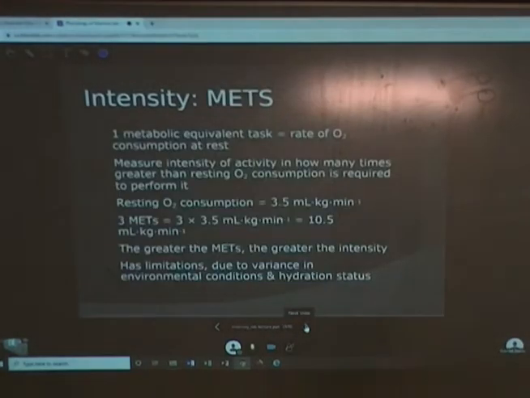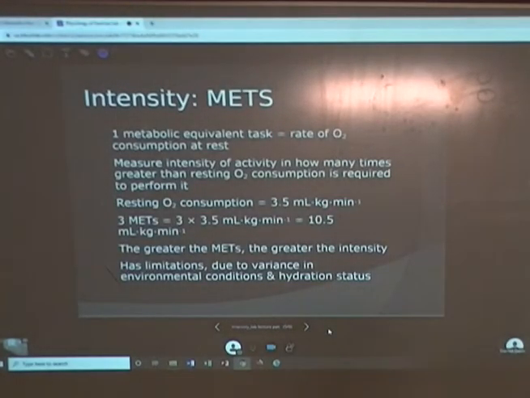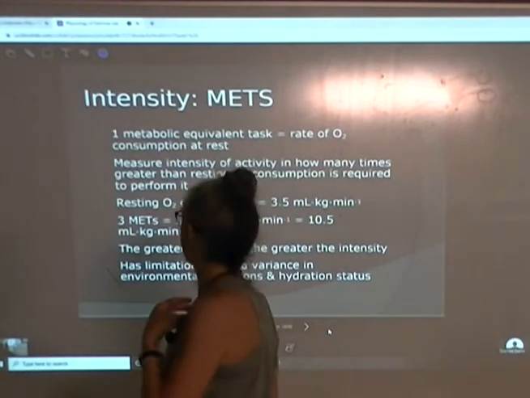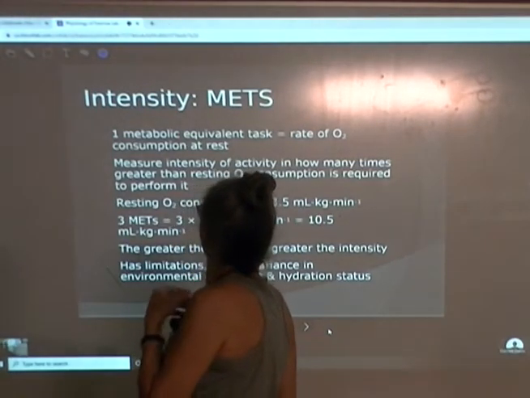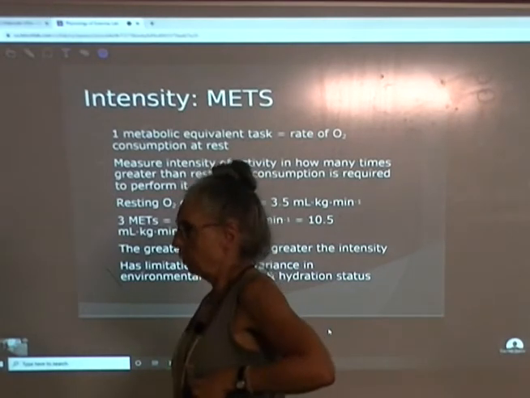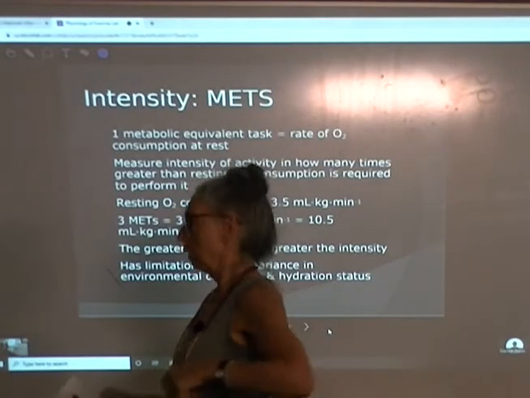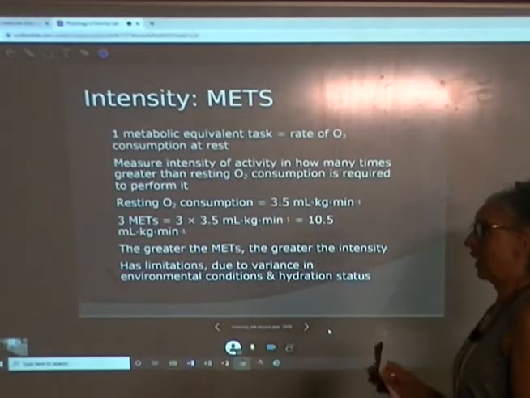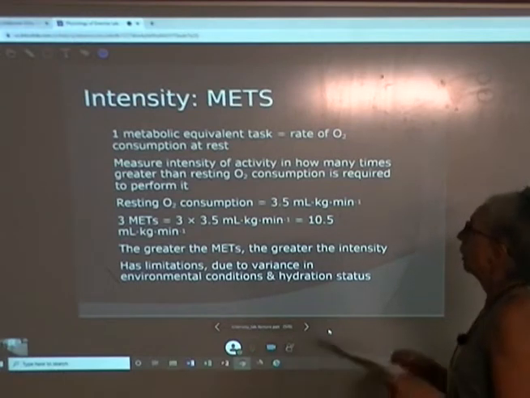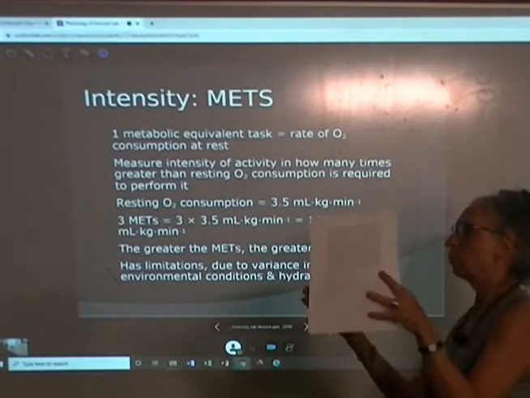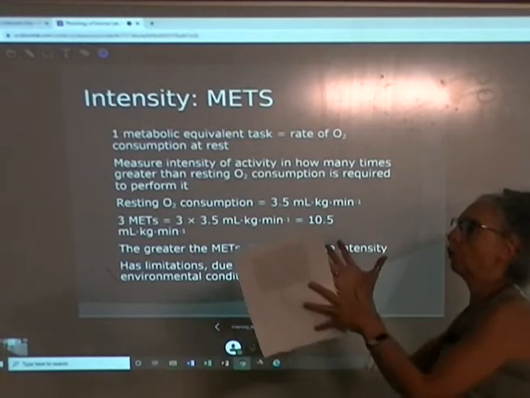The next one you will come across is metabolic equivalent of the task, shortened to METs. Okay? Now, technically, if you had the equipment to measure what your oxygen consumption was at rest, then METs is almost physiological.